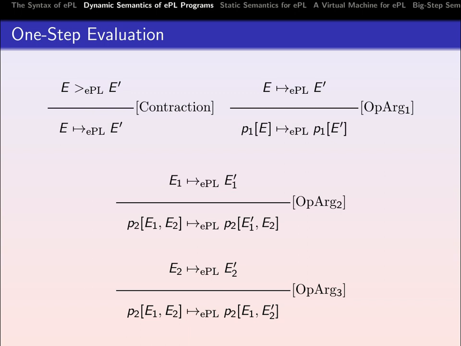Now, we're going to have what we would call a contraction. So we will define our one-step evaluation. Think of when you were in primary school learning to evaluate complex expressions. You would perform one operation at a time.